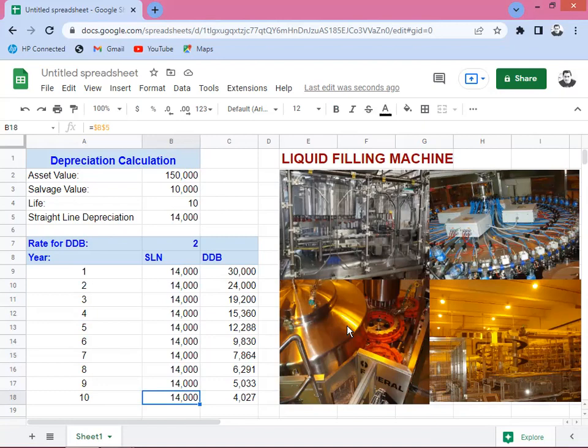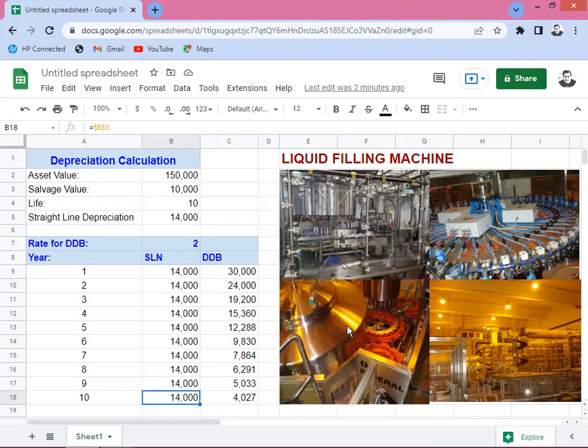If you are the manufacturing manager of one manufacturing plant, or you are the finance manager, you talk together with the GM, general manager. You discuss this and you decide which one you're going to implement. Are you going to implement the straight line depreciation, or the double declining balance method of depreciation calculations? So this is another kind of business decision making.